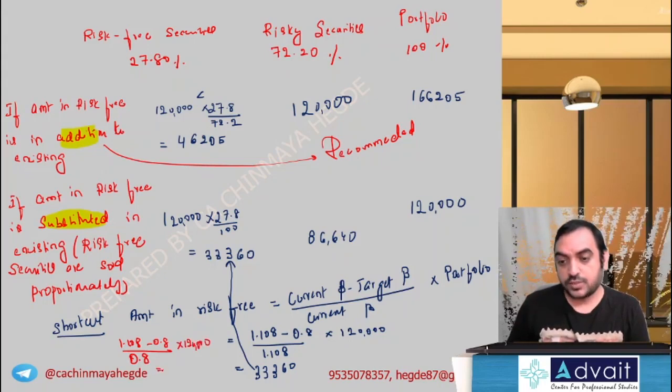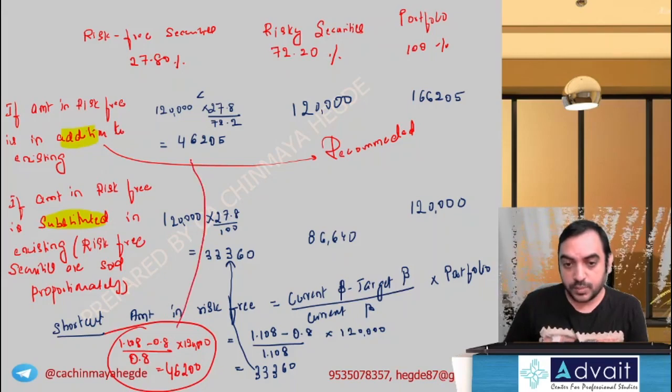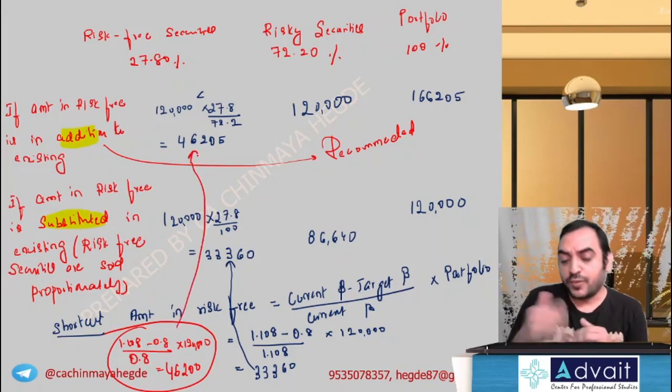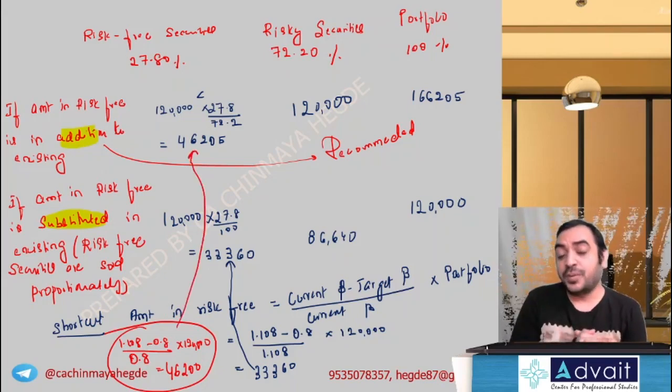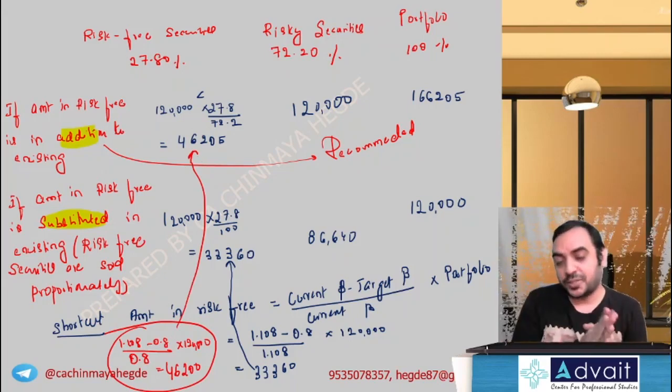How much do you get? You get 46,200, right? And this is the number in the first interpretation. If you divide by current beta, you get the second interpretation answer. If you divide by target beta, you get the first interpretation answer. So you can use it for verification.